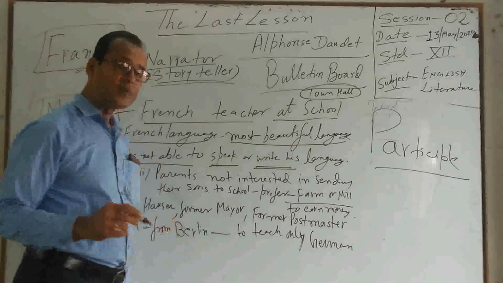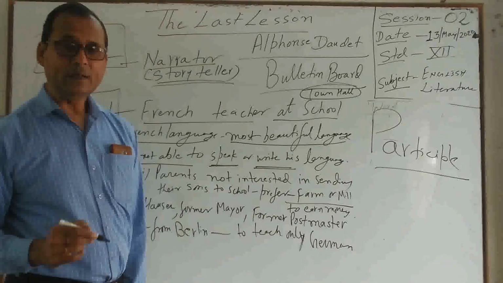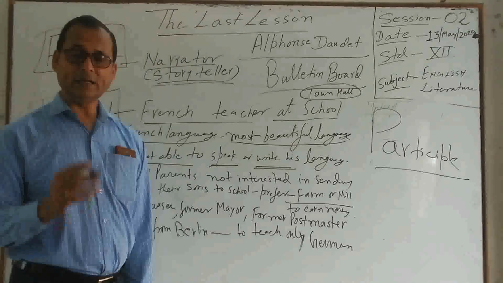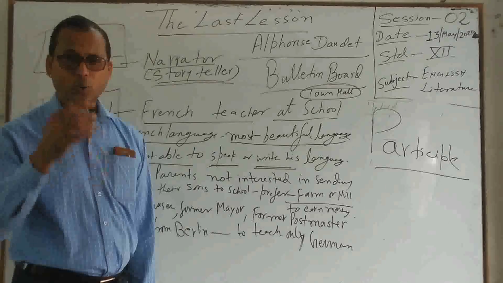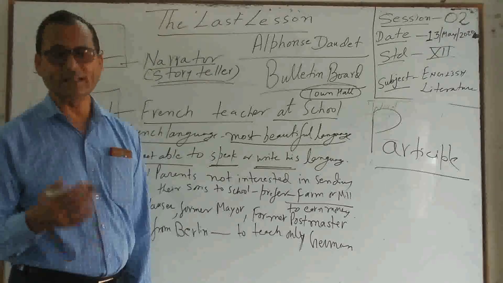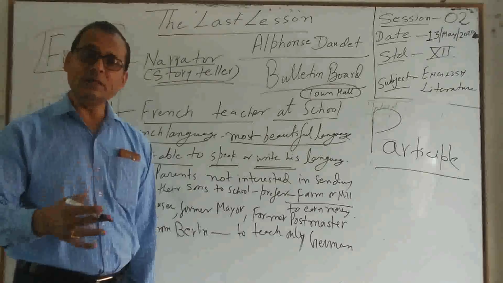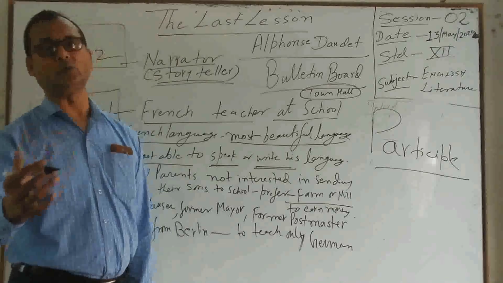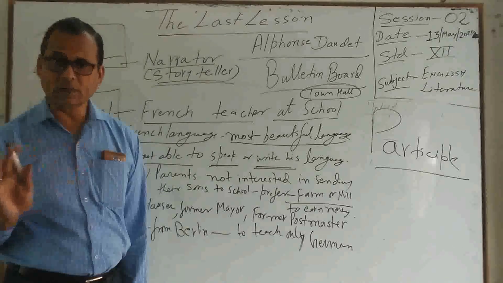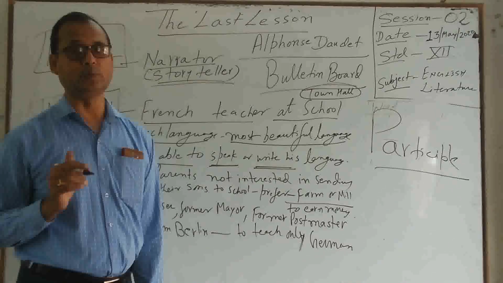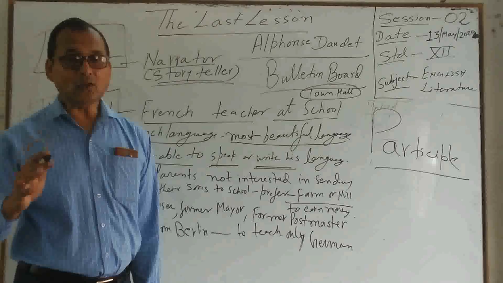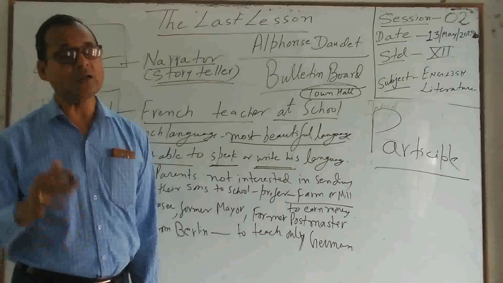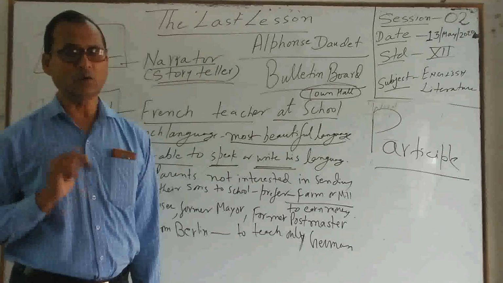Now here M. Hamel says that for the weak position of French students, not only the students are responsible. The teacher as well as the parents are also responsible. How?